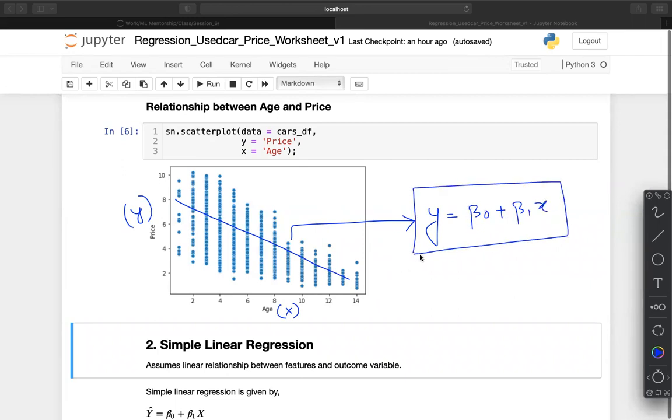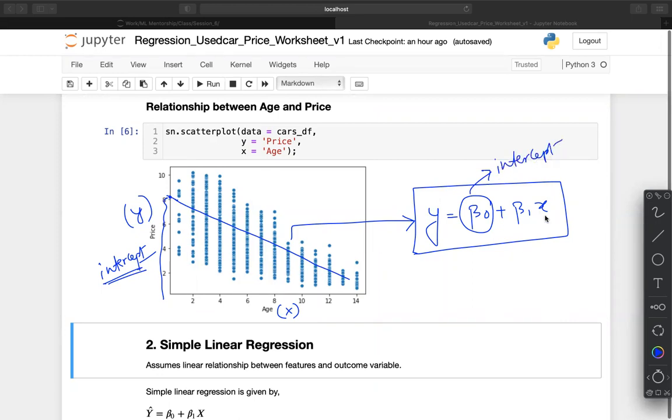It's a linear model where beta 0, when the x value is 0, y will be equal to beta 0, isn't it? So that means beta 0 is nothing but the intercept term. It's called intercept. The point at which the line intersects the y axis when x is equal to 0. This is called the intercept term. The beta 0 is basically my intercept.